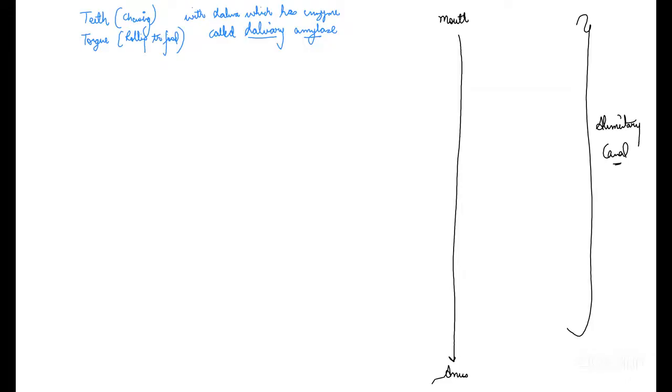It's because of the salivary amylase, the enzyme which works in your mouth. So when you're eating food, the tongue is used to make the food wet and to roll it, teeth to chew it, and saliva contains salivary amylase.